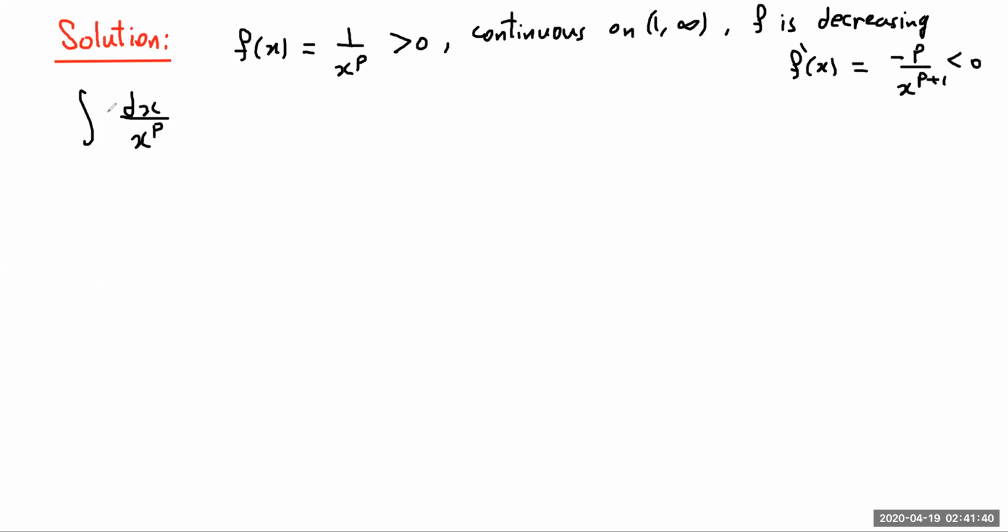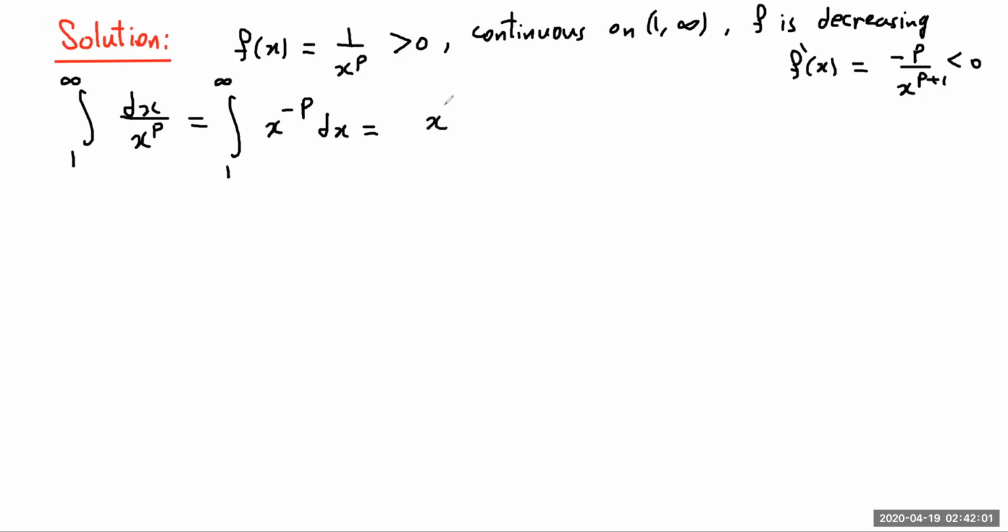Okay. So now let's calculate this integral from 1 to infinity. Here it's the integral from 1 to infinity of x^(-b) dx. The integral of x^n is x^(n+1) over n+1.